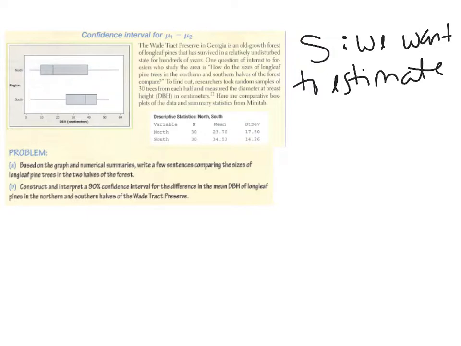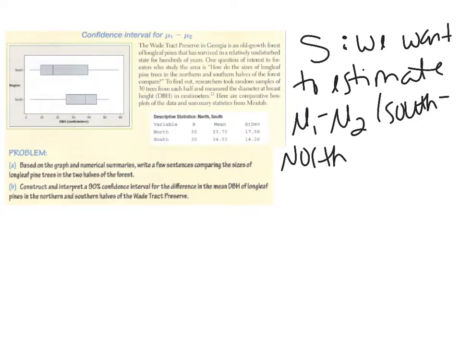So I'm trying to estimate the actual difference. I'm trying to estimate the difference between the mean of, and we're going to do south because they're larger, so I get more positive values, south minus north, at a 90% confidence level.